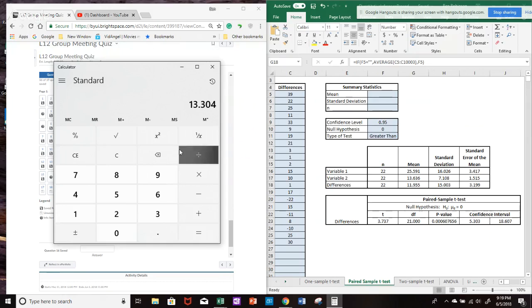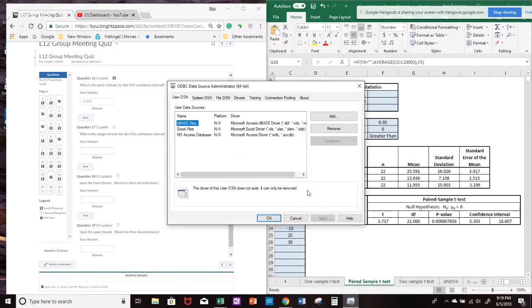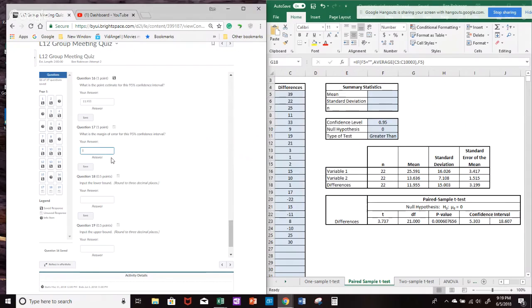Subtract the one from the other, and then divide by 2 to get to the middle of it. And so it's 6.652. That's the way we get the margin of error, because it's plus or minus 6.652.